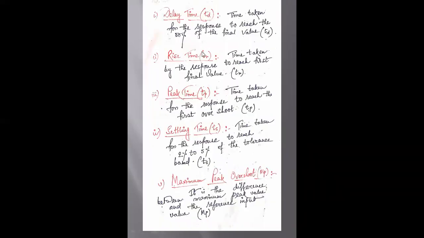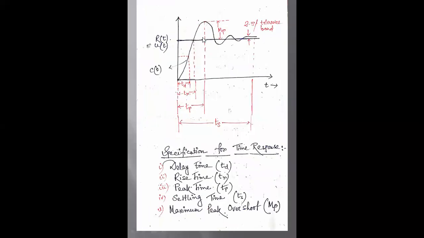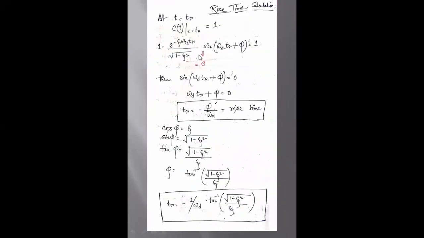Now t is replaced by tr: the output c(t) when t equal to tr equals 1, because at rise time t equal to tr the graph reaches the first final value 1.